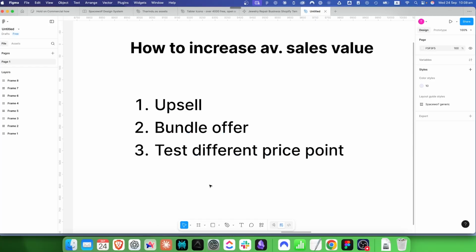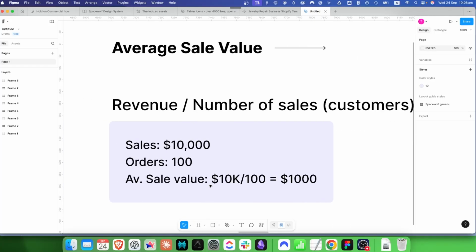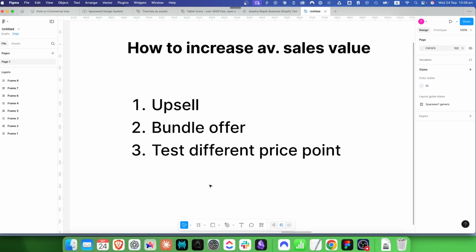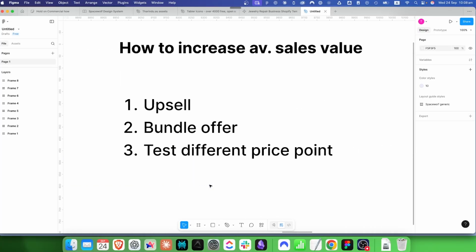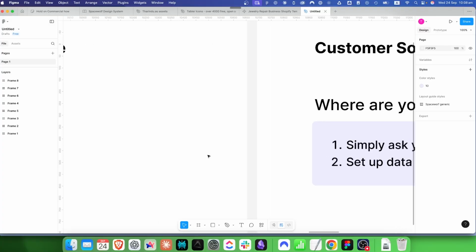And the third point is, if the average sale value is very low, then you might not be charging enough, or you could try a different price point and therefore break your customers into different segments. So that's also something you can try doing.